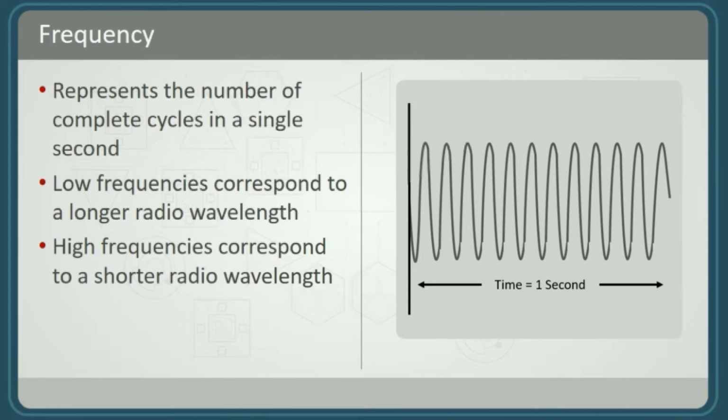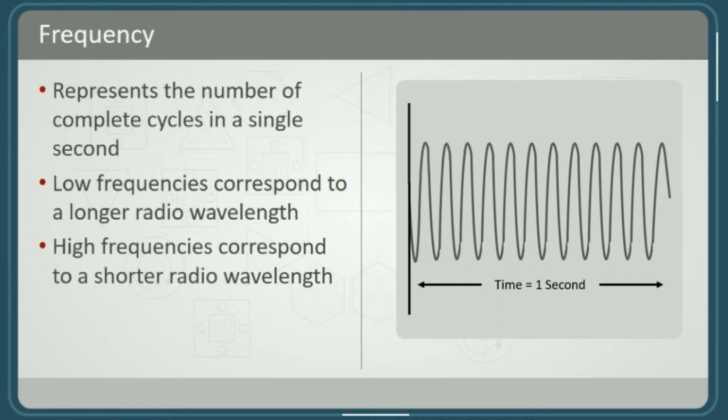For example, our processors. We always describe them as being 3 gigahertz processors, for example. That means they can process 3 billion times per second. And in terms of wireless communications, the 2.4 gigahertz frequency means it cycles 2.4 billion times per second. So again, it is quite simply how often something occurs.